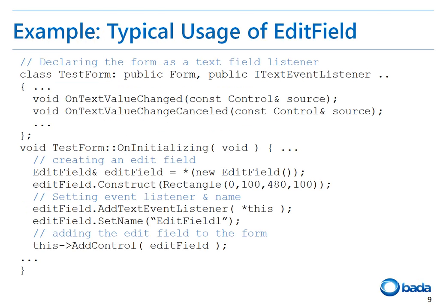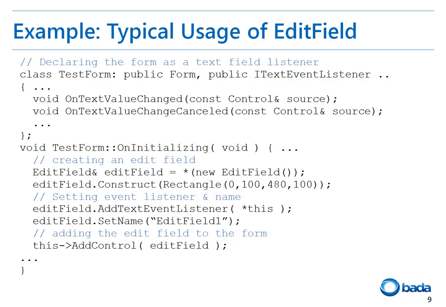This is an example of the form class that includes the edit field and performs the role of the listener. Since the form implements the iTextEventListener, the onTextValueChanged and onTextValueChangeCanceled functions are declared. In the iInitializing function of the form, the edit field is created using the new operator, and then constructed by specifying its position and size.